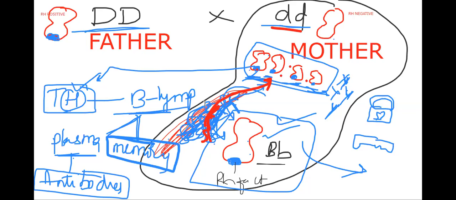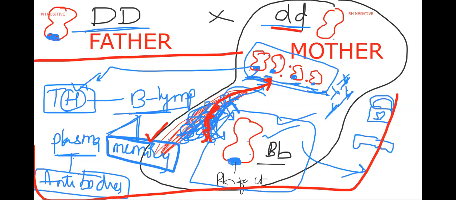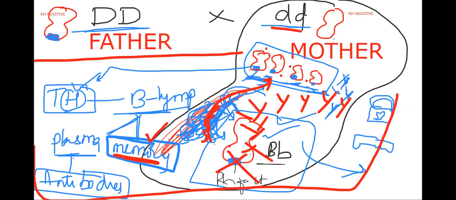They will be recognized, and now who acts? Memory cells. The first child escaped because production of antibodies by the mother the first time is late. The second time, you just forget about the father, because all these events happen in the mother only. Memory cells are present, so they immediately produce the antibodies. Those antibodies enter into the baby and start the destruction of baby RBC.